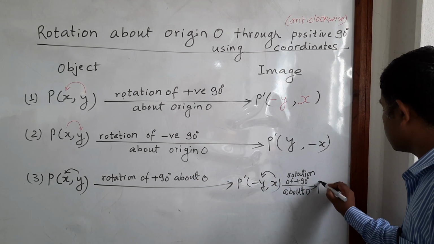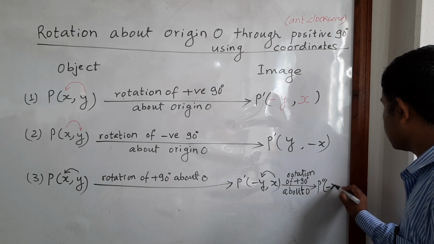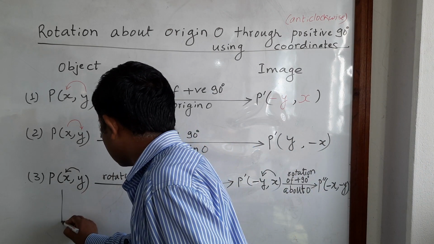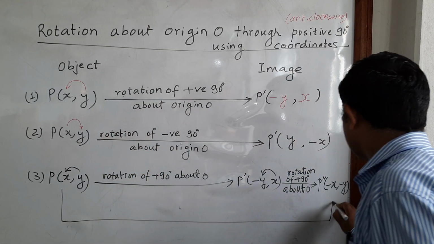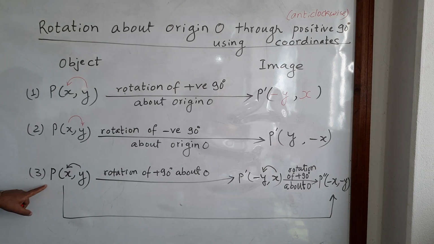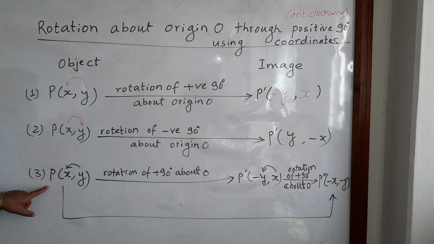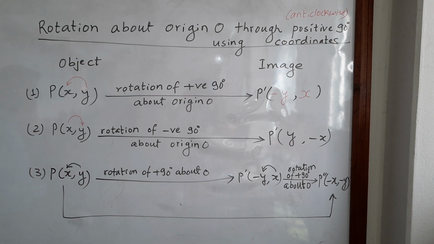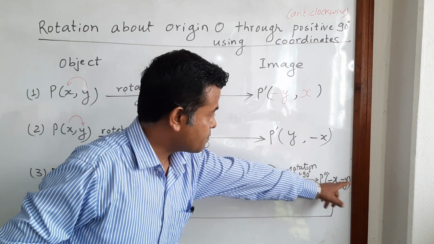So it becomes (minus x, minus y). So the direct formula to get the rotation of point P(x, y) about the origin O through 180 degrees is (minus x, minus y).